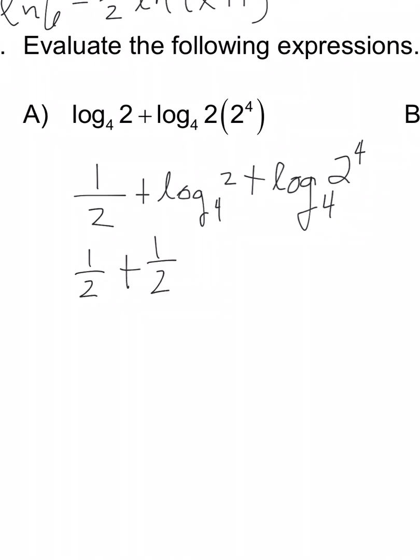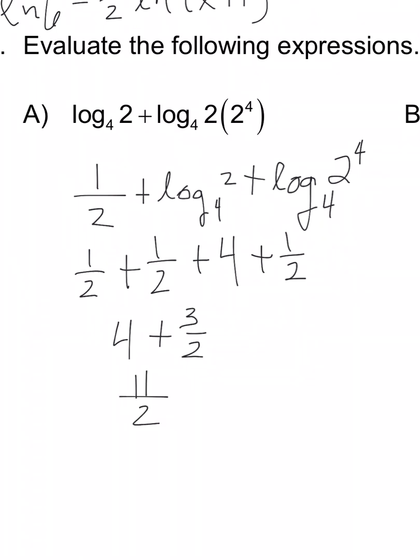And I also know on this next one, I can pull this exponent in front, which would be 4, and then I have another log base 4 of 2, which ends up giving us a half. So now I see a half plus 4 times a half, which gives us a half plus 2. So we would have 5 over 2, or 2.5 if we put it in decimal form.